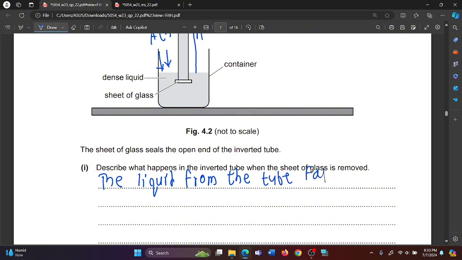falls out, creating a vacuum on top of the tube.